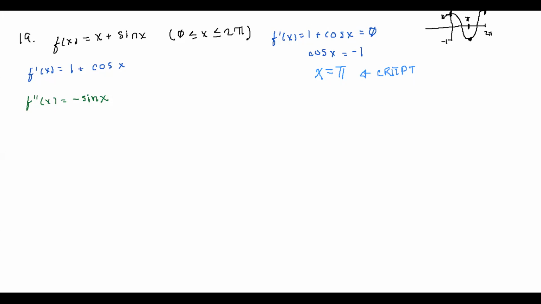How do we find the coordinate point here? I need this in an x, y form. If x is equal to pi, what is y equal to in my original function? -1? Original function.